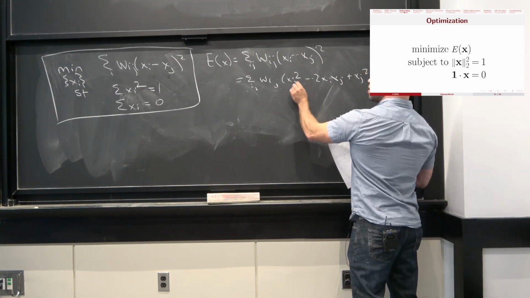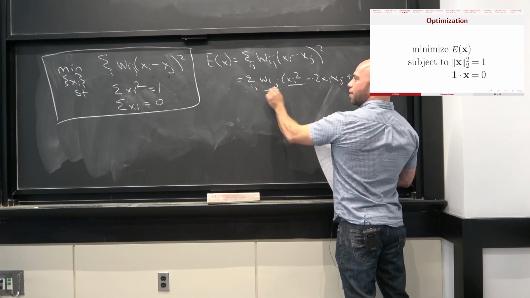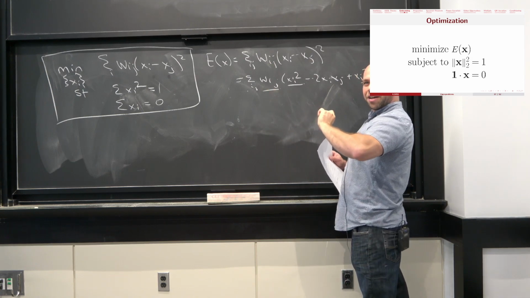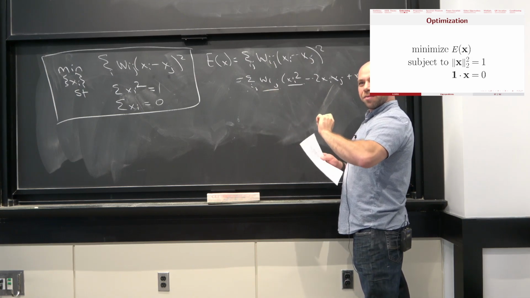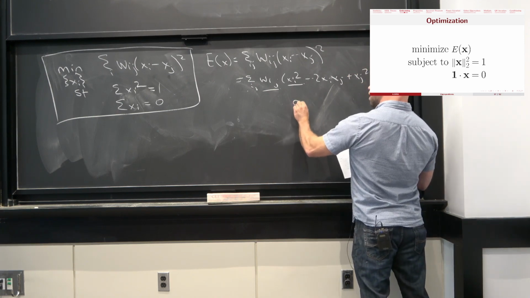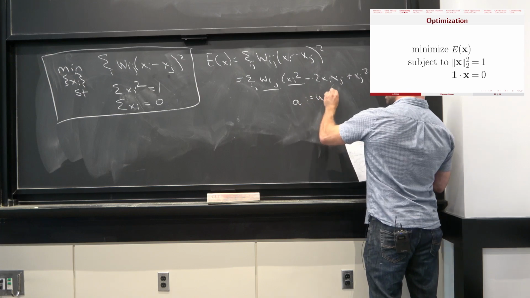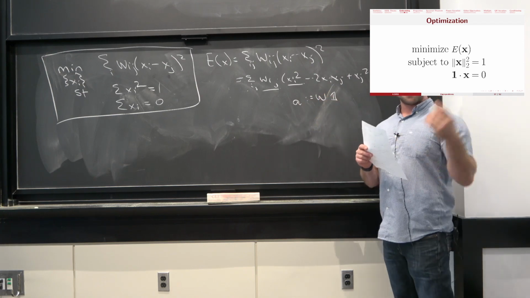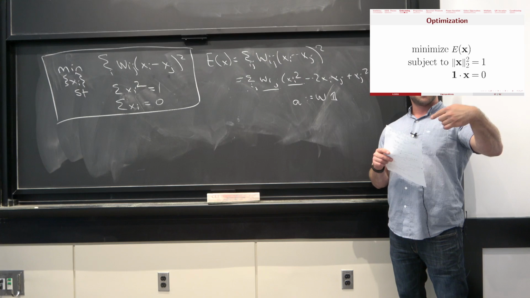Notice that this is the sum of xi, but there's a sum over j on the outside. So let's define a vector of values. We're going to say that a is equal to w times the vector of all ones. So this is like the sum of the rows of w.